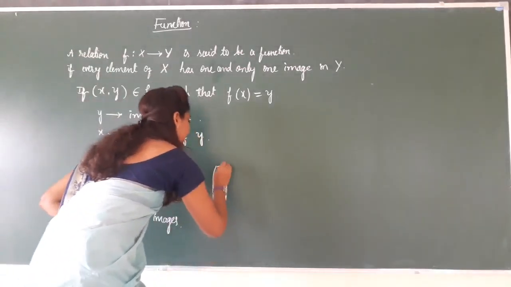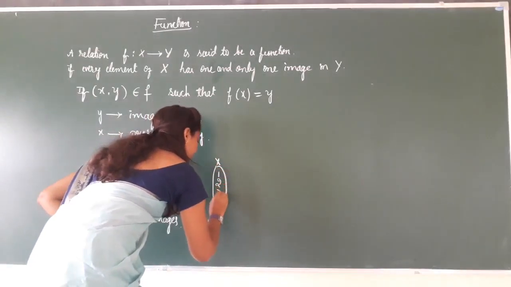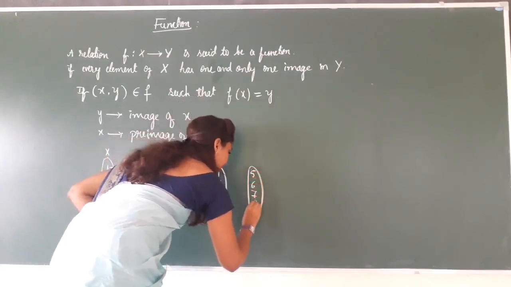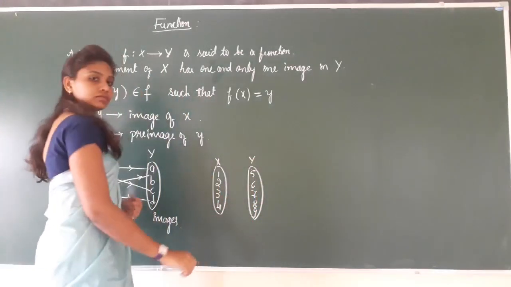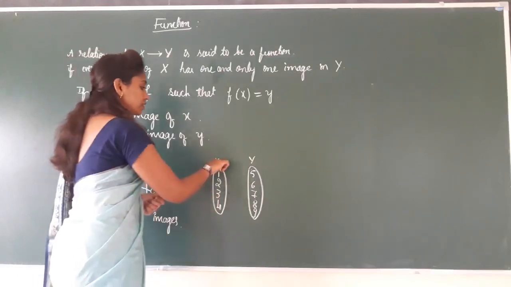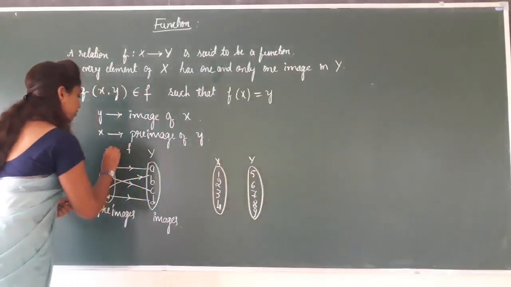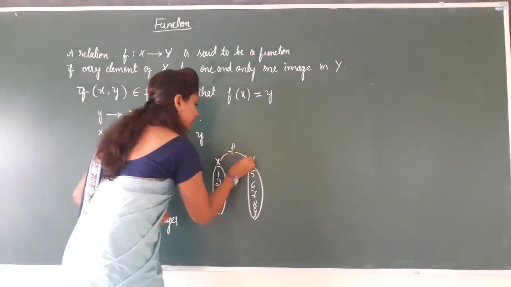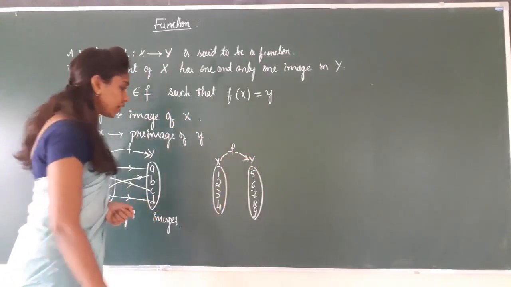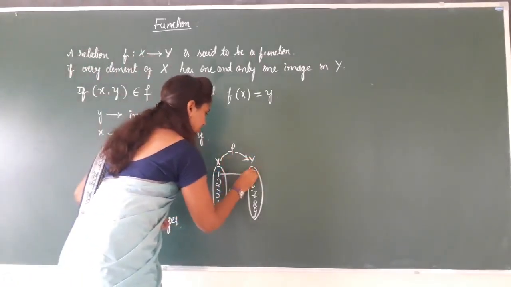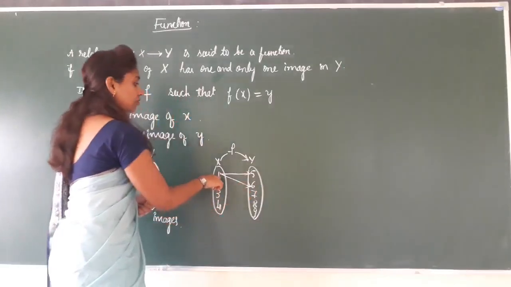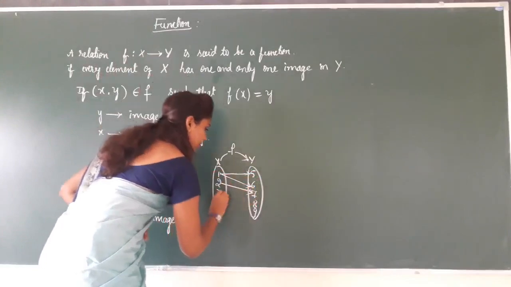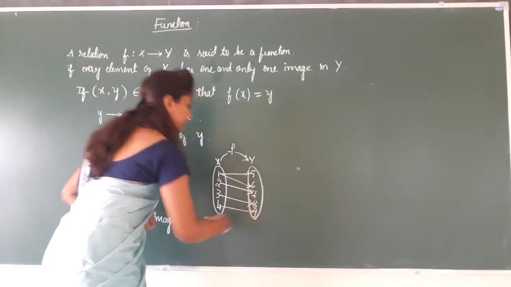I will give another example. 1, 2, 3, 4, and 5, 6, 7, 8, 9. This is set Y. A function from the set X to Y. Observe here. 1 is related to 5, 1 is related to 6. 2 is related to 7, 3 is related to 8, 4 is related to 9.